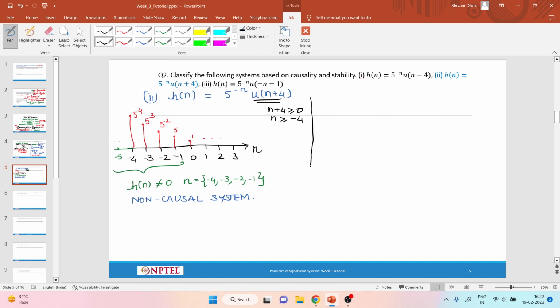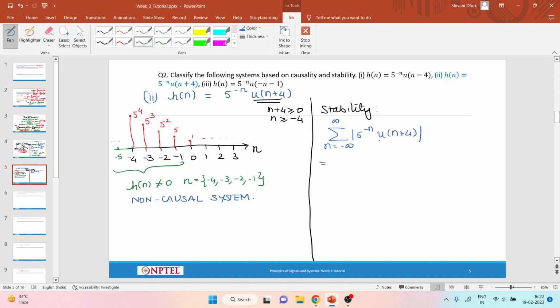Now let us again look at the stability aspect. For that, let us look at this: summation n running from minus infinity to infinity of mod of 5 power minus n u of n plus 4.